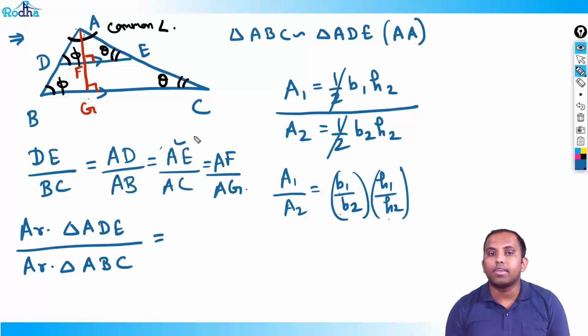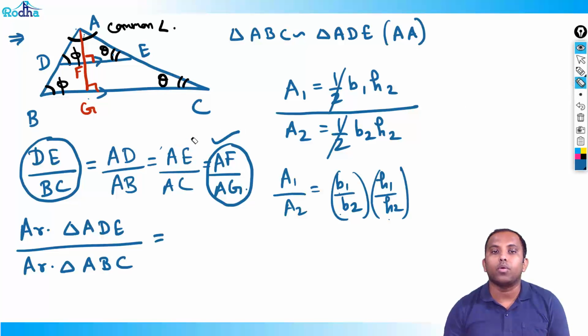AE by AC is equal to AF by AG. So what is the ratio of base here? DE upon BC is equal to AF upon AG. So these two are equal, and when these two are equal, both will be multiplied, so it will become a square. So the ratio of the area of triangle ADE to the area of triangle ABC is a square now.